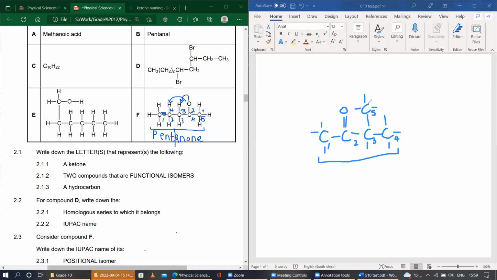So once you change it to be something like this, let's say this is number 1, this is number 2. So let's say it's going to be 2. Oh, I'm sorry, 3. 3-methyl.